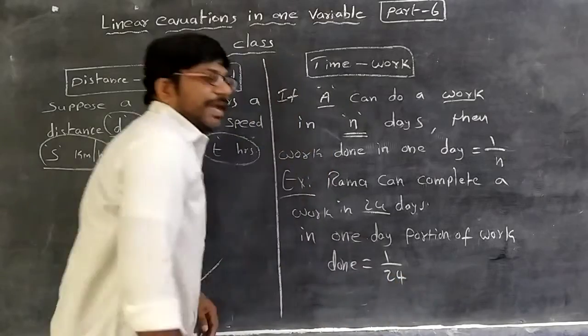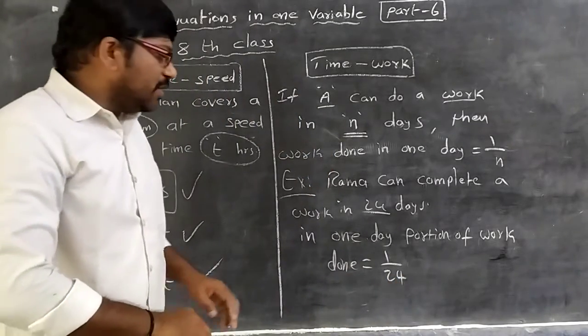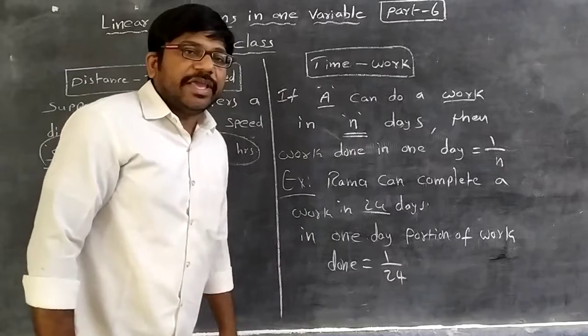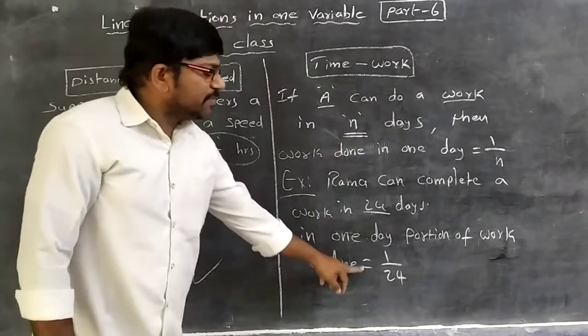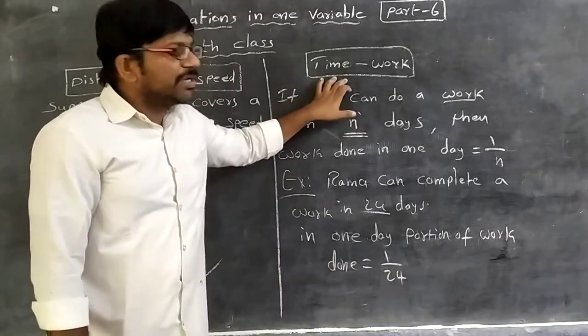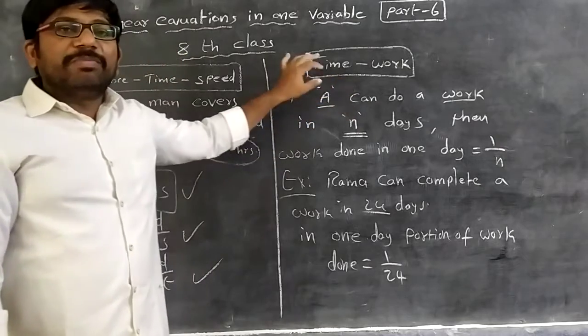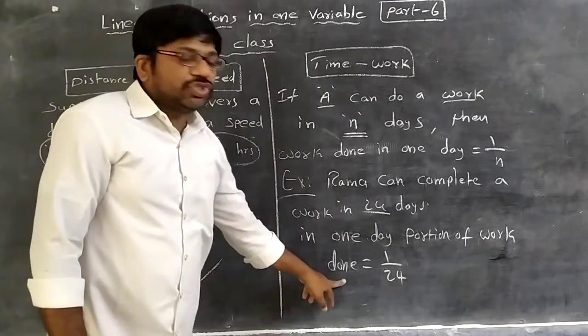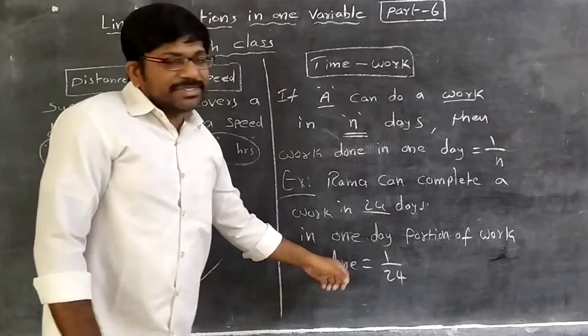So 1 by 24 portion of work is done in 1 day, right? This concept is very important in doing time and work problems. We must convert into the 1 day portion of work, right? Okay.